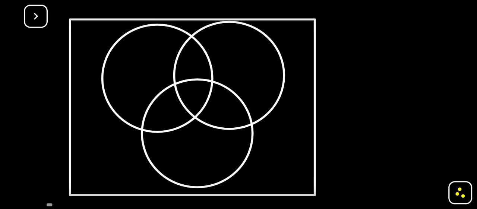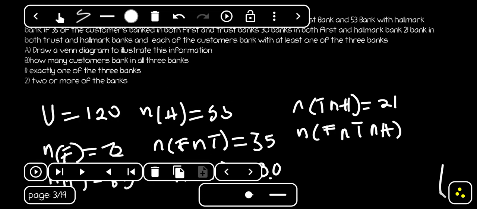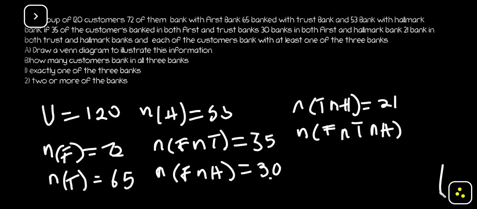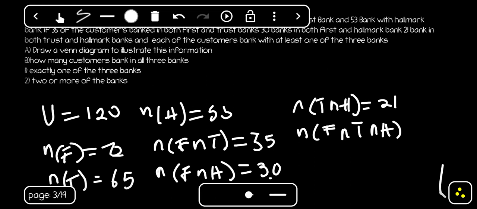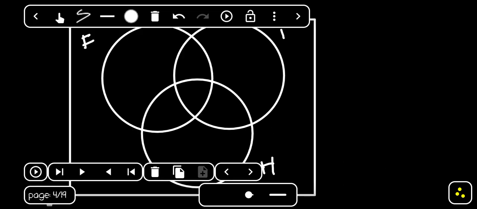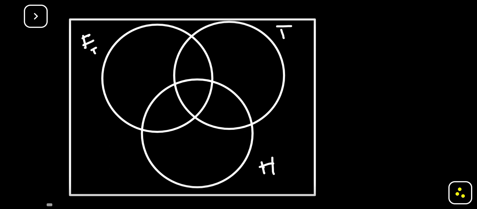We have the First Bank here, the Trust Bank here, Hallmark Bank here. First Bank is 72, Trust is 65, Hallmark is 53.